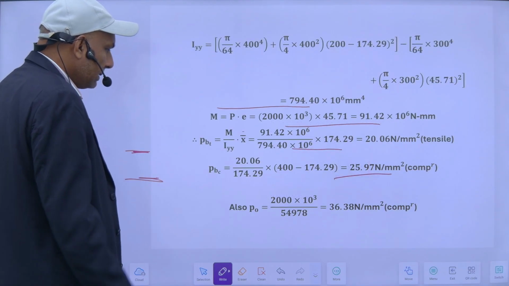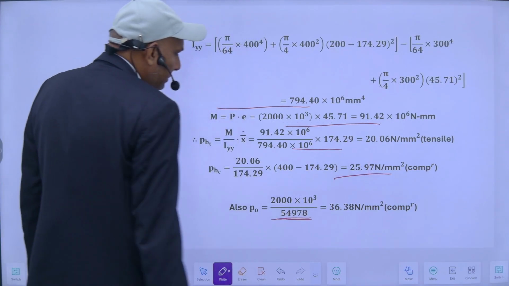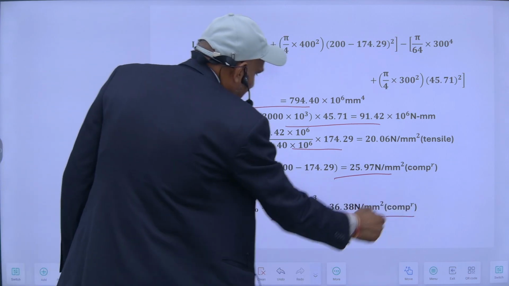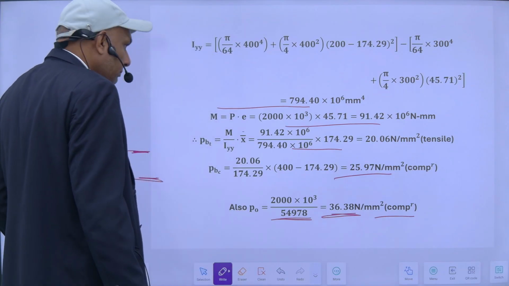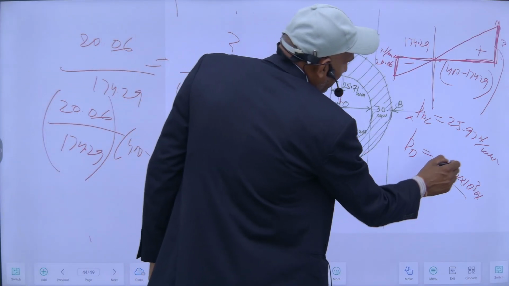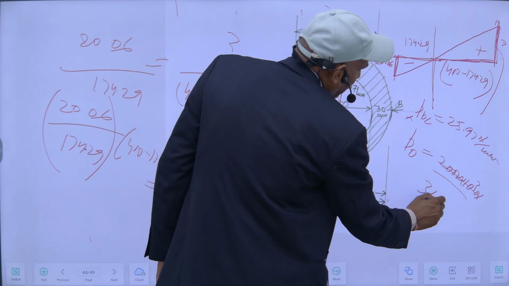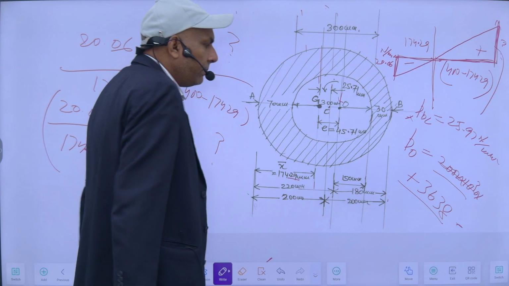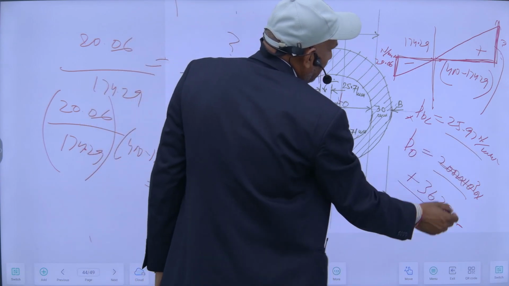This direct stress, with my area, has a value of 36.38, and this is compressive also. This is load upon area. So this is bending compression, this is direct compressive.